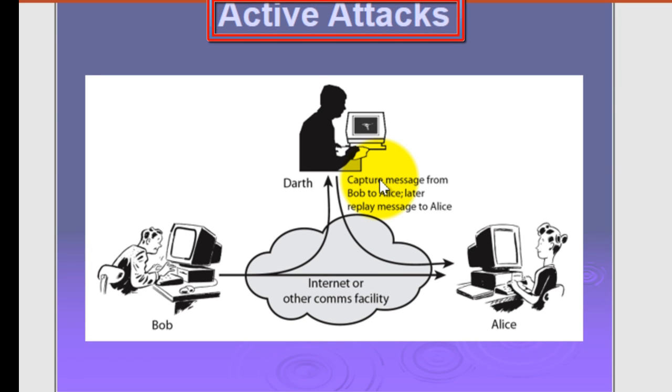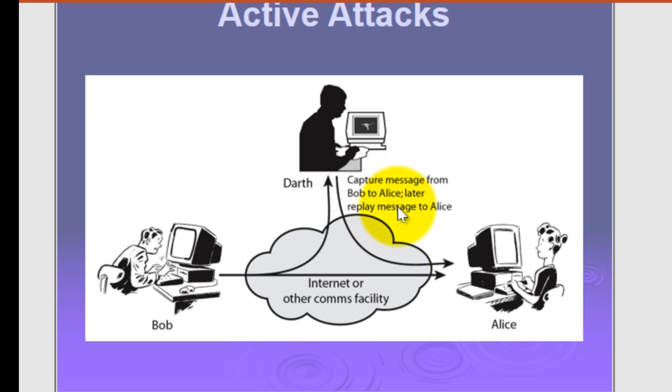And an active attack. In an active attack, the attacker will make modifications to your message contents, and he will also destroy the resources. Those types of attacks are called active attacks. In the diagram, Bob is sending a message in the same way to Alice through the internet. The attacker is Darth.